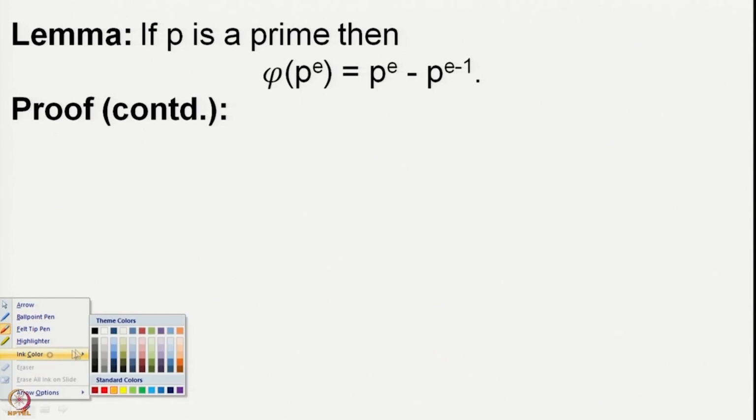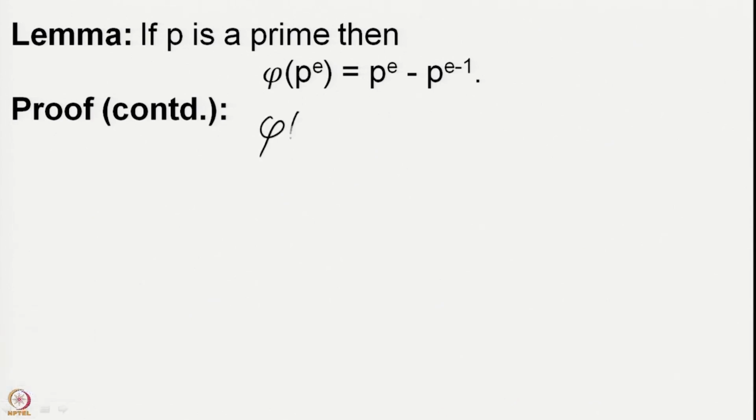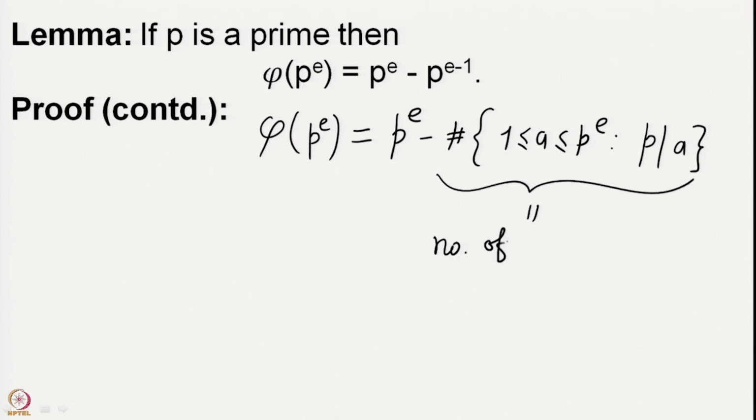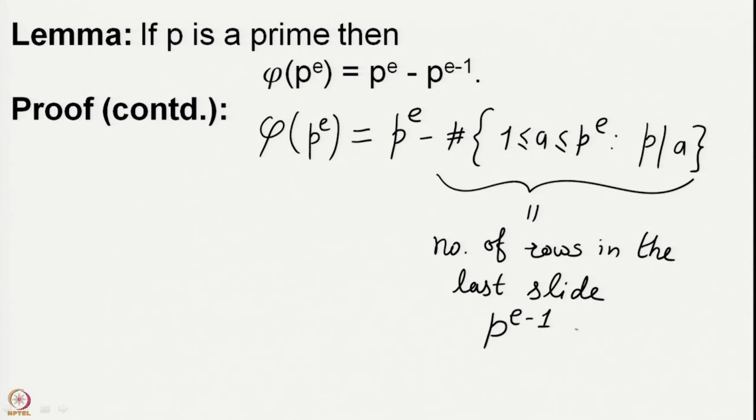So, phi(p^e) is p^e minus the number of elements from 1 up to p^e with the property that p divides a, and this number, as we have seen, is the number of rows in the previous slide, which is nothing but p^(e-1).